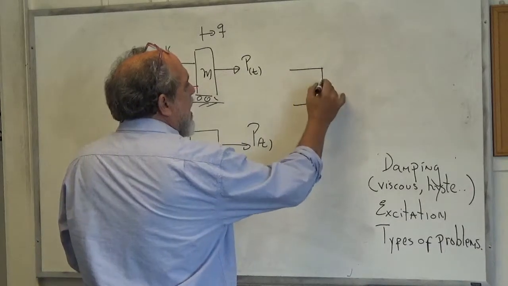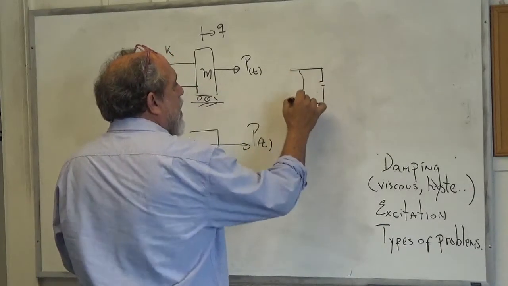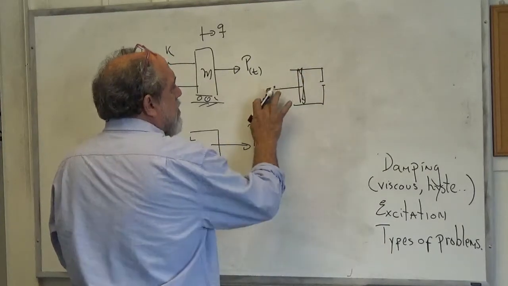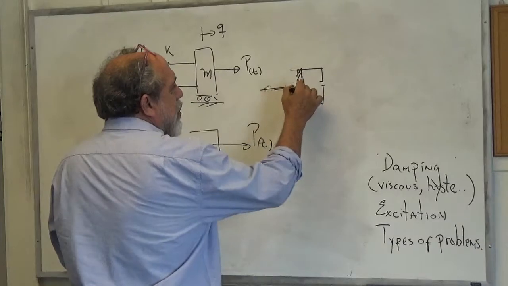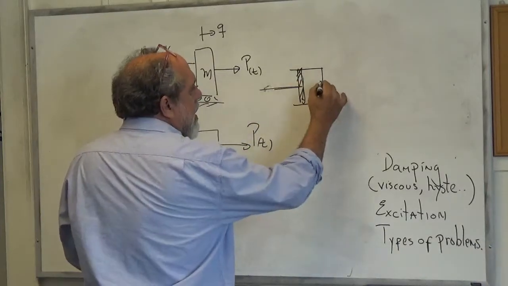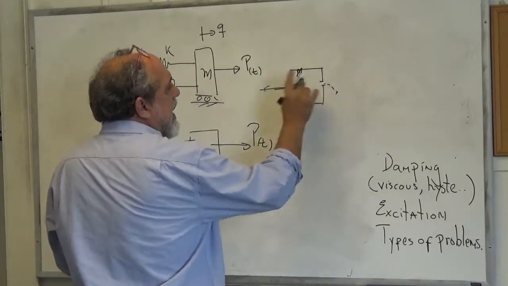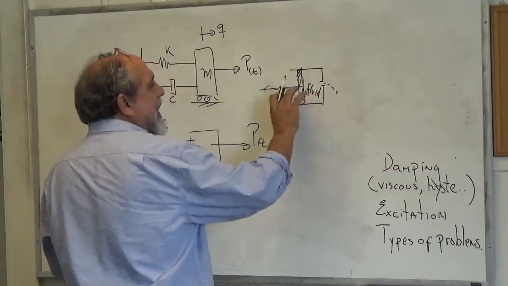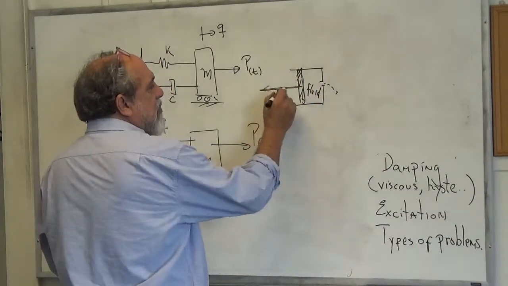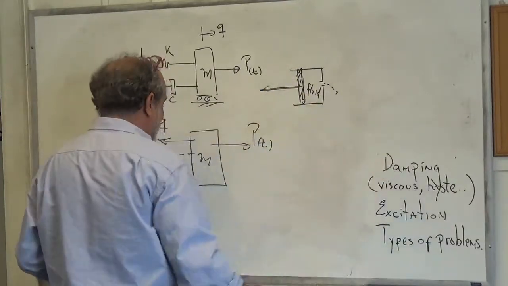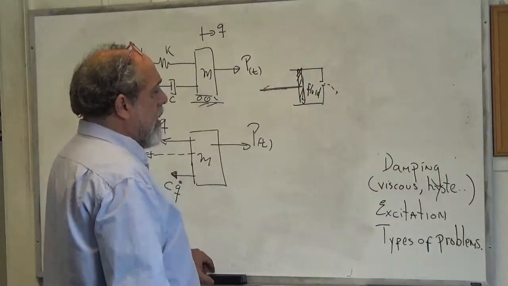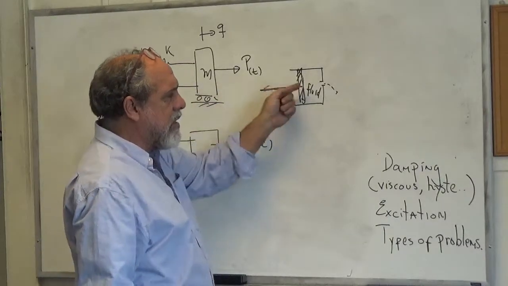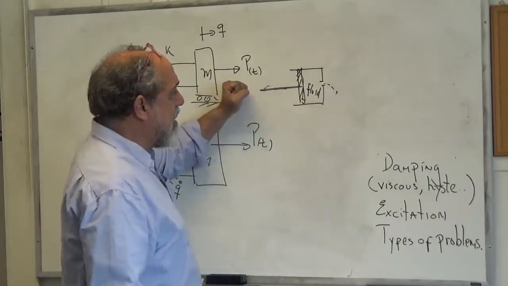You have a container with a small hole, some liquid inside, and a piston that can push this way. It's clear that if you want to make the fluid leave this container fast, the force you have to use is a lot bigger than if the speed at which the fluid leaves is slow.